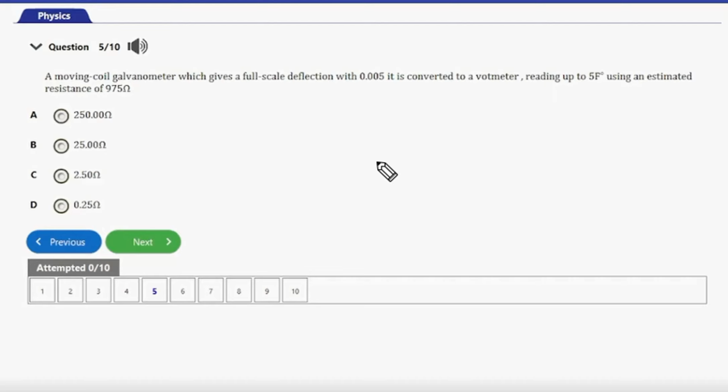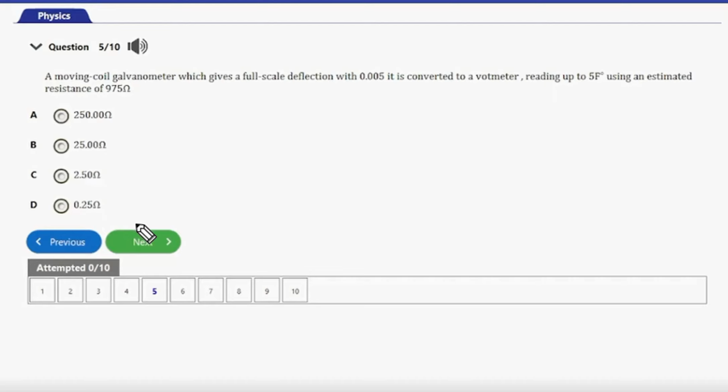So this is supposed to be 5 volts using an estimated resistance of 975 ohms. So we are to actually calculate the resistance of the galvanometer here. Looking at the options here, we have 250 ohms, 25 ohms, 2.5 ohms, and 0.25 ohms.